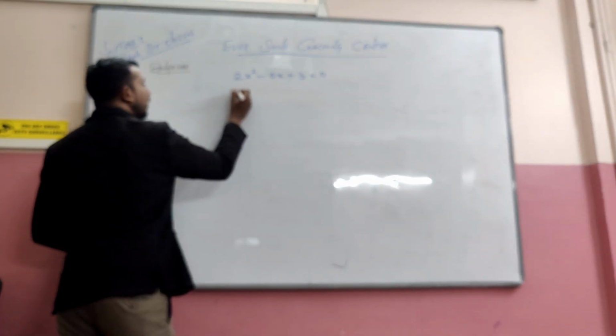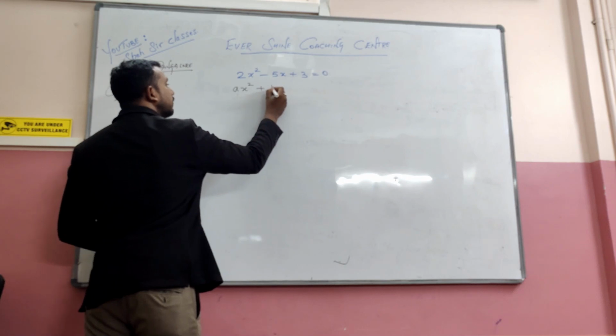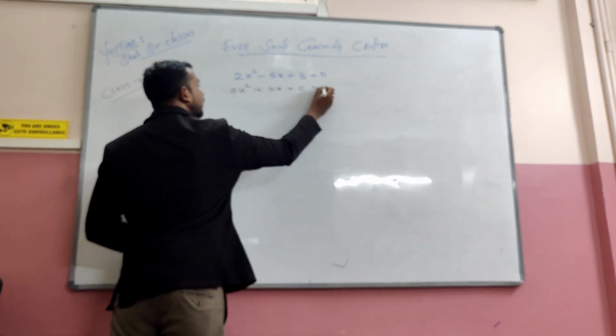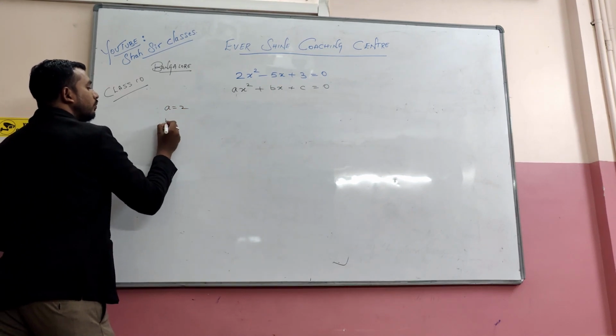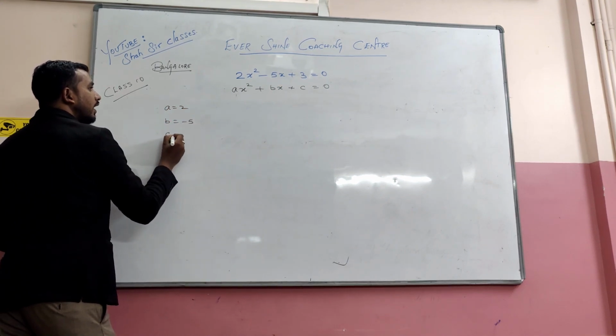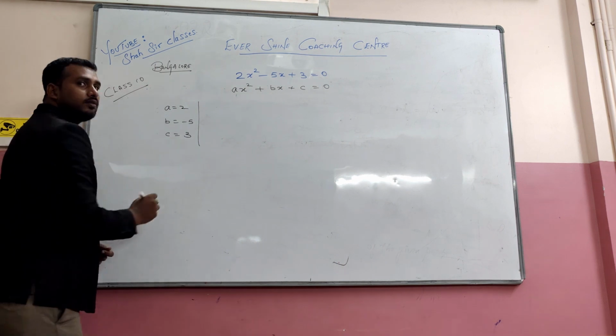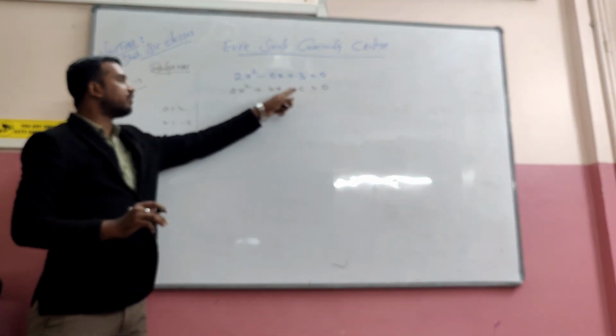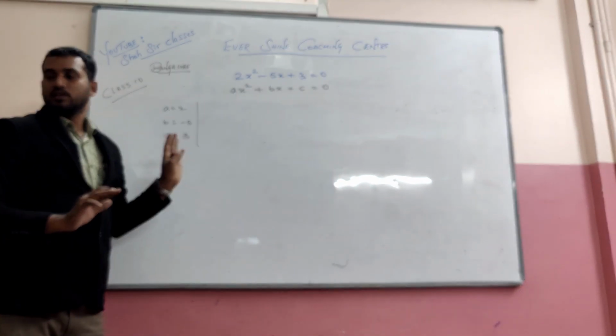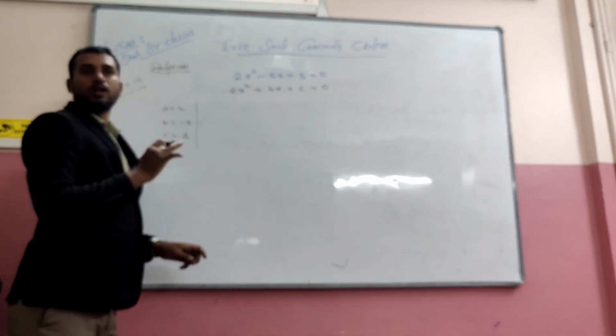So it is in the form of ax square plus bx plus c is equals to 0. The value of a is plus 2. The value of b is minus 5. The value of c is plus 3. Is this clear? Good.